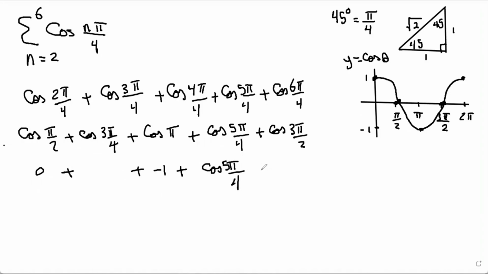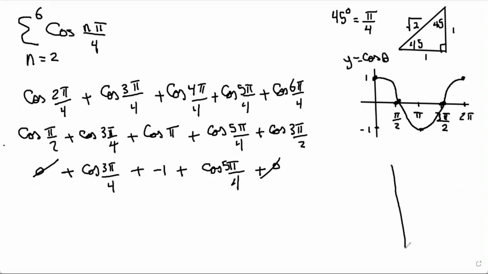And then cos 3 pi over 2 is right here, so that's 0 as well. So that's being gone, and then I still have cos 3 pi over 4 here. So we have 0, 0, that's canceled. We have -1 there.